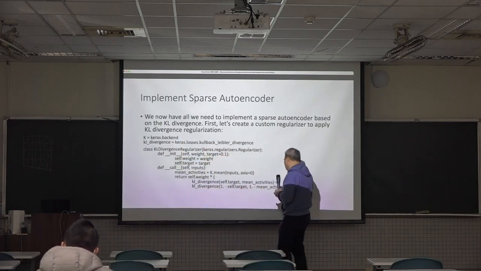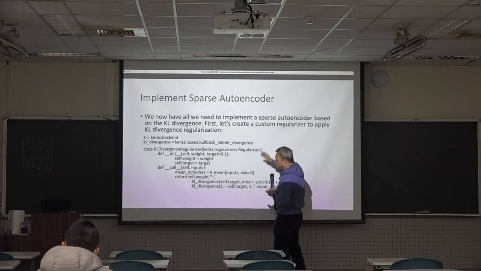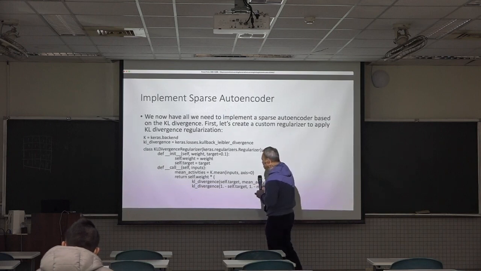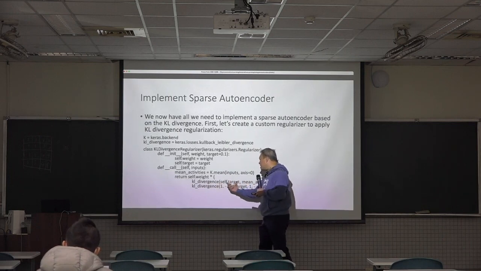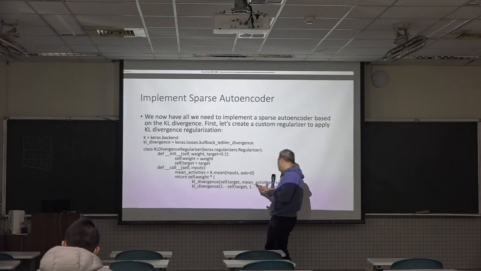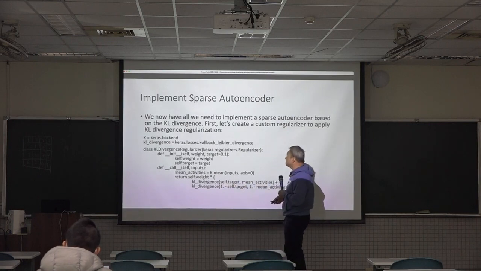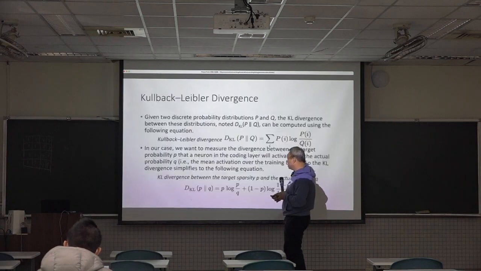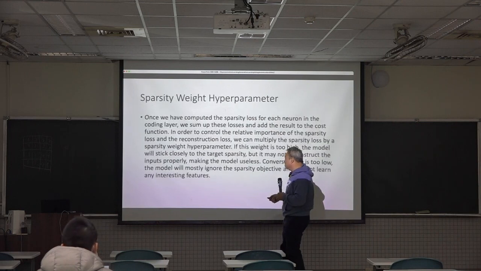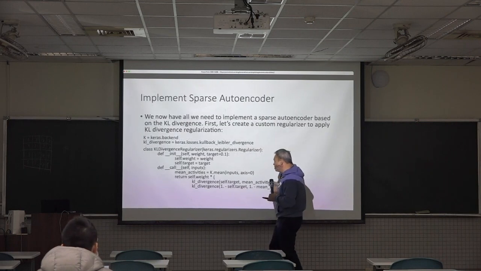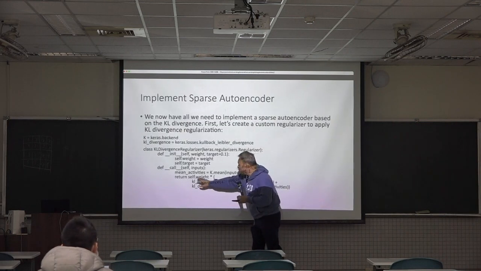Here we just define this. We compute the KL divergence by using the target and the mean activation, so this part is exactly this one. Once you finish this, you multiply it by the weight.